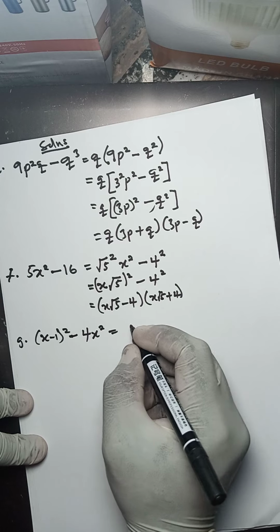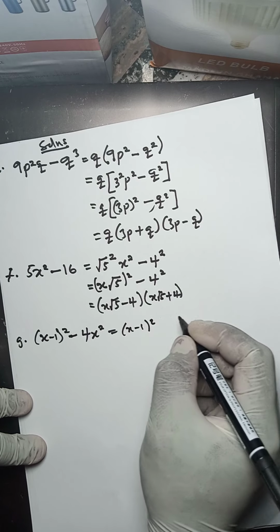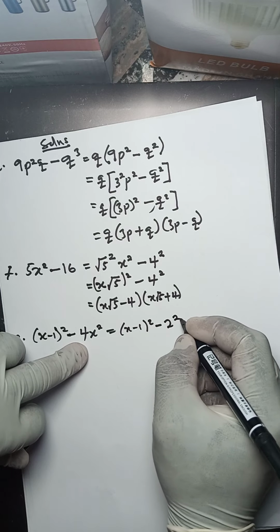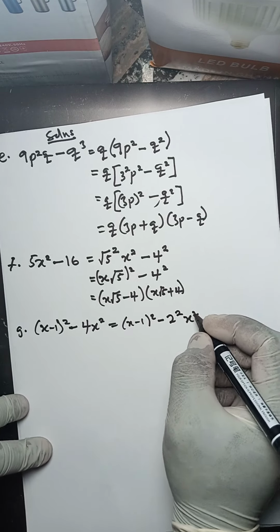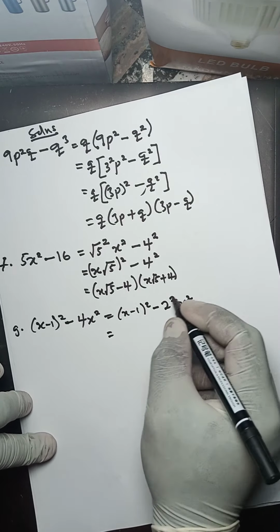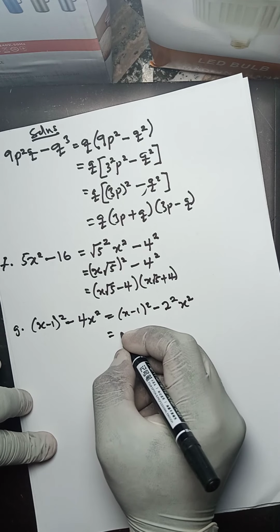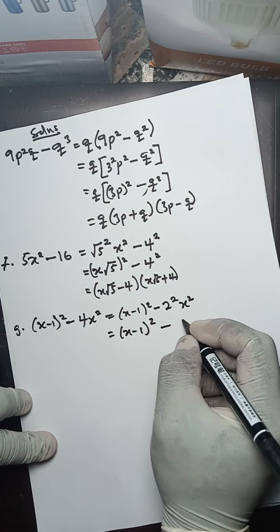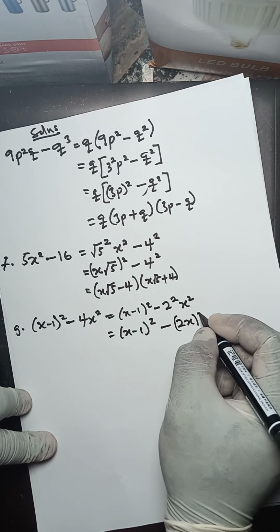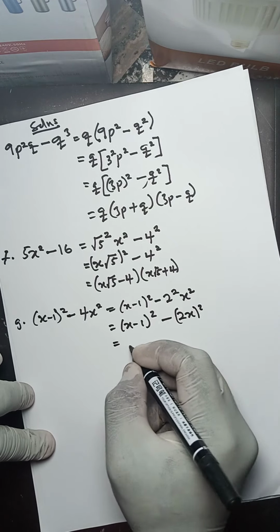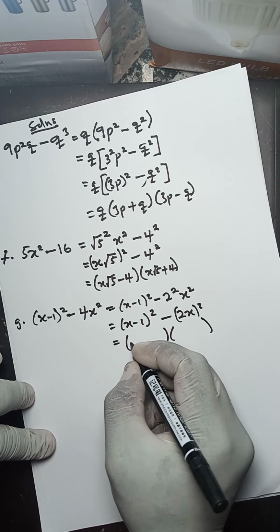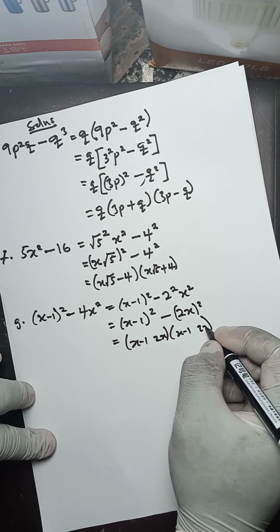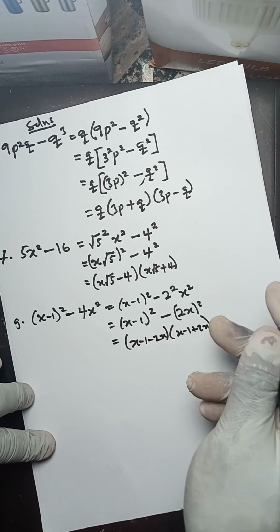So this one will be x minus 1 to the power 2 minus 2x squared. So I need to merge this, and we're getting x minus 1 squared minus 2x squared. So this is a difference of 2 squares, two brackets: x minus 1 minus 2x, and x minus 1 plus 2x.